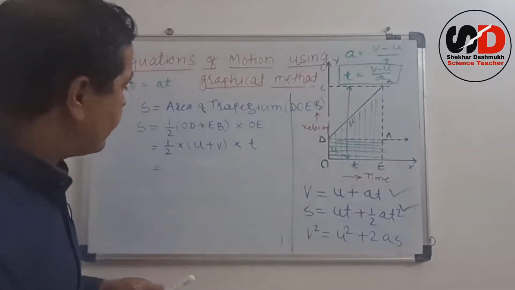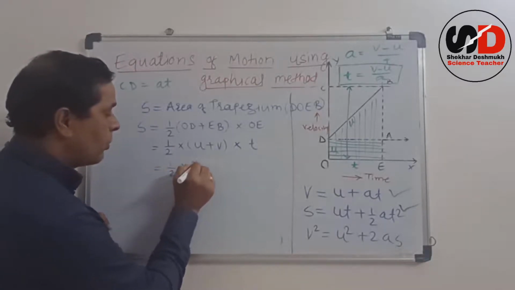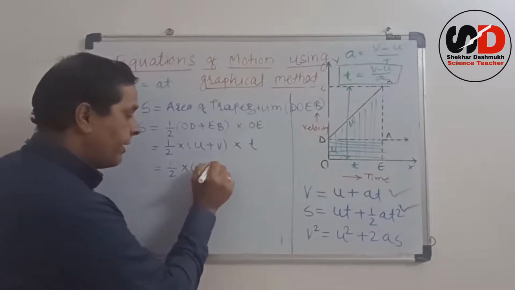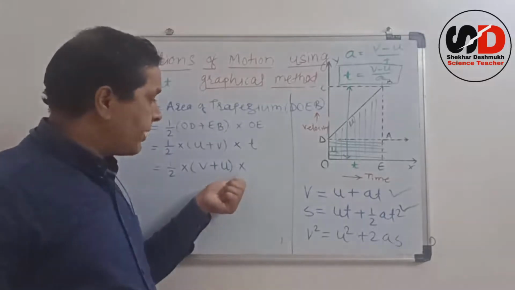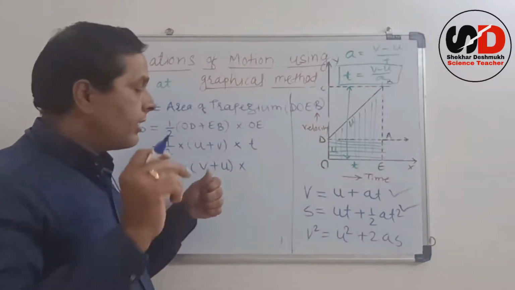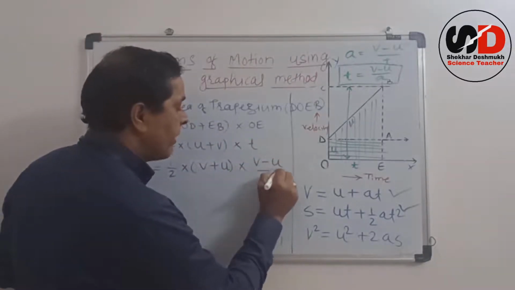So S is equal to 1/2 into, instead of U plus V, we can also write V plus U, into, instead of T, we take the value of T here, that is nothing but V minus U divided by A.